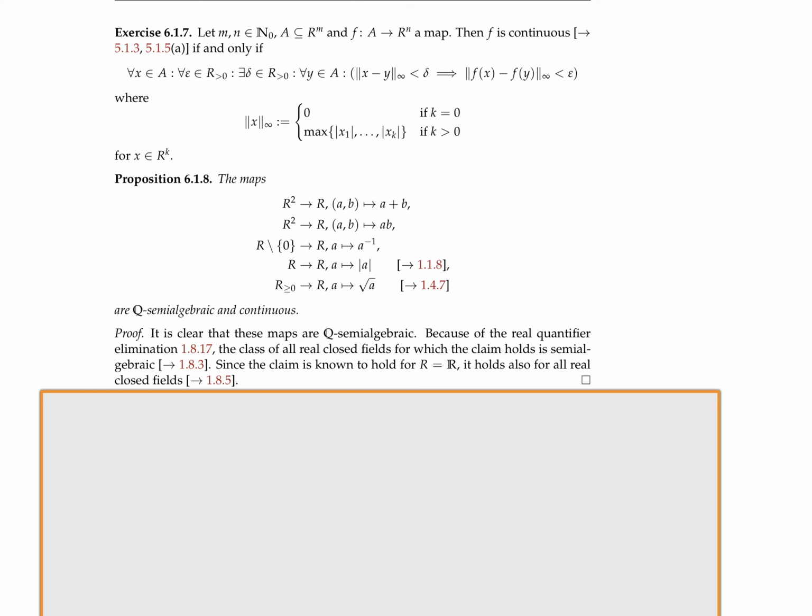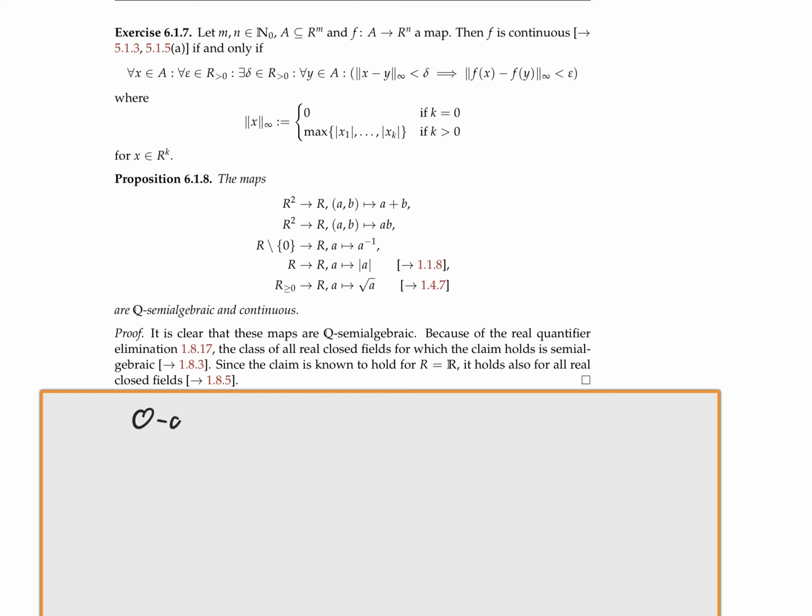And when you look at the class of all real closed fields that satisfy this, where we have for f here, for example, the addition in the first case, that's semi-algebraic by real quantifier elimination. It's a zero-ary Q semi-algebraic class, right? Let me write it down.